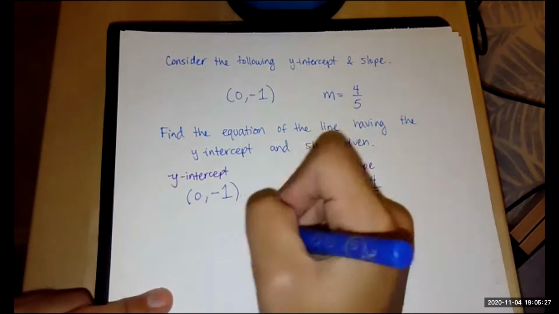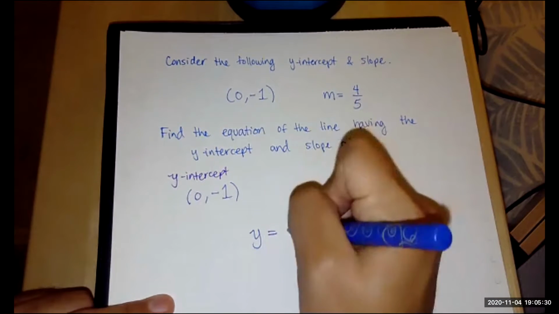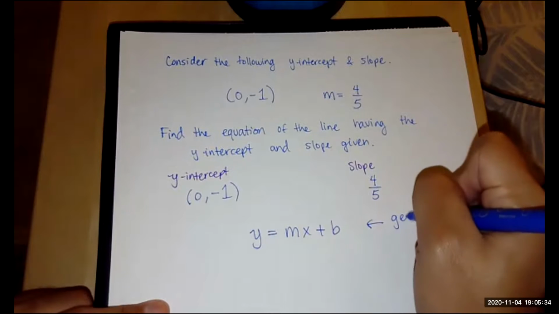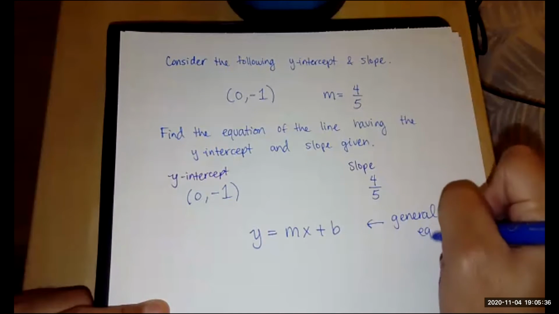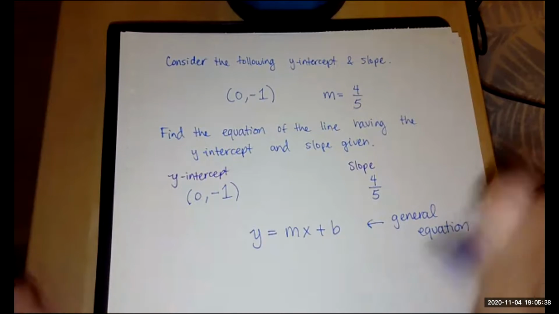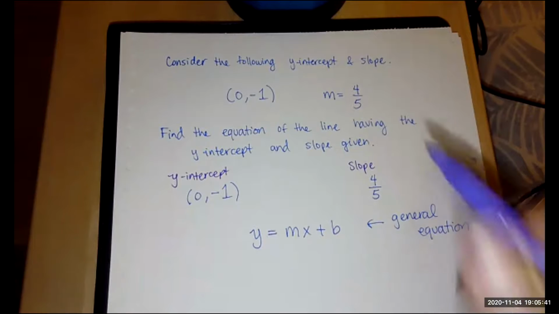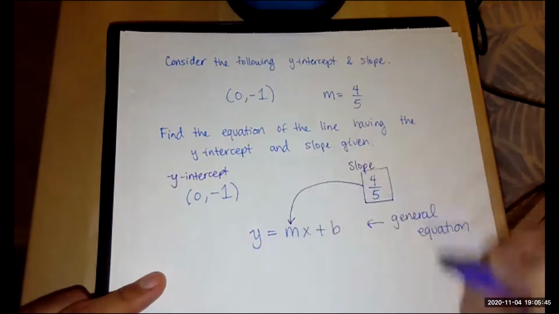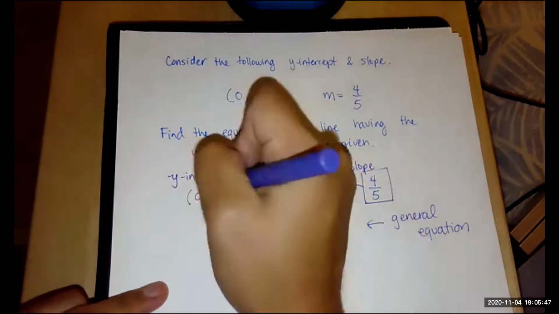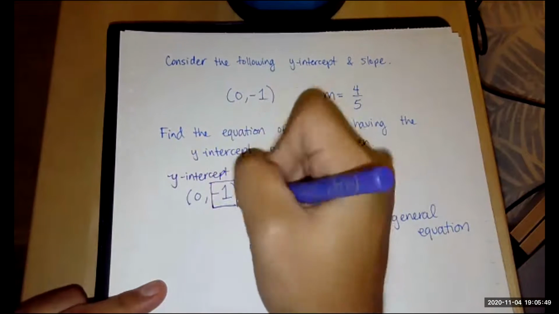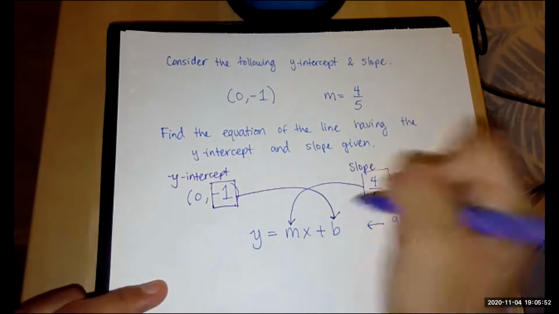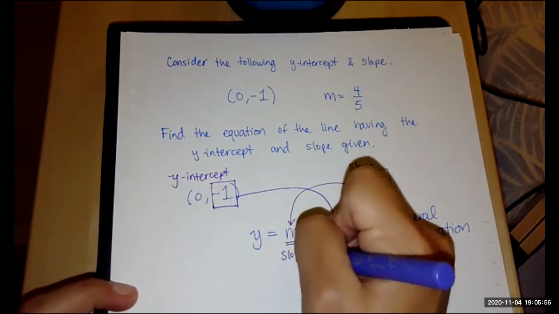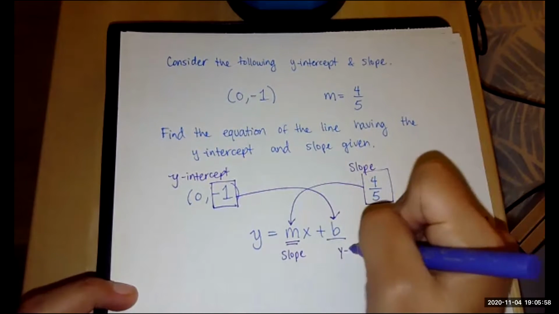And I know that the equation of these lines is y equals mx plus b. That's the general equation. Then the slope here is the m. And this number here has to be the b, because that's the slope and the y-intercept.